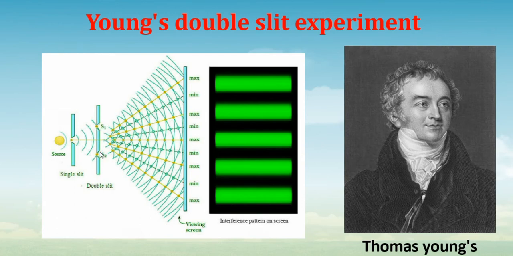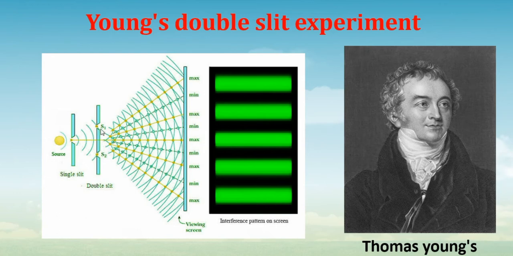And if you look here, a light wave is coming out of S1, and there is another light wave coming out of S2, which is in phase with the light coming out of S1. If they reach this point, let me show this point on the screen with the cursor, and they meet at that point, then the distance traveled by the light coming out of S1 and S2 will be different.